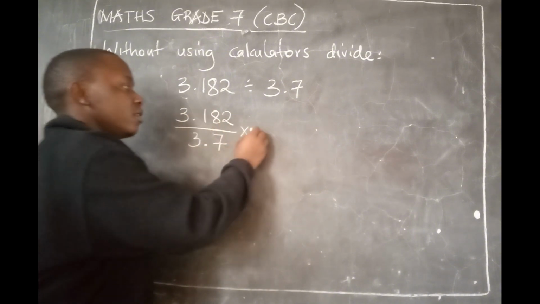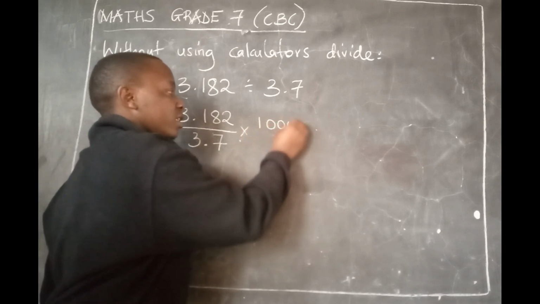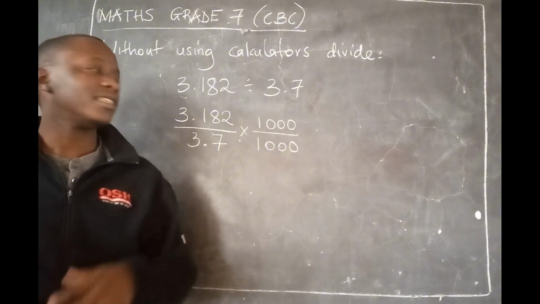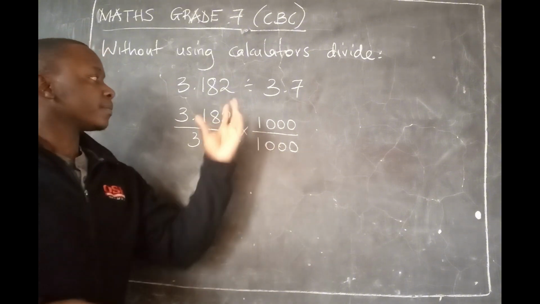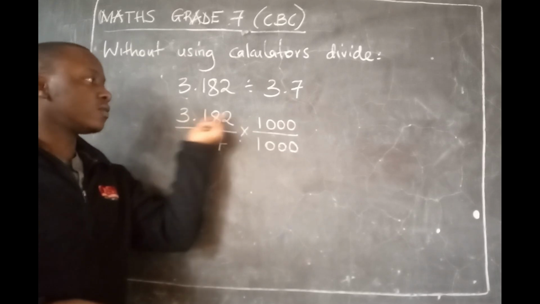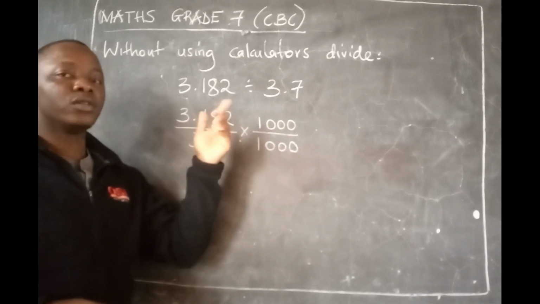When you multiply this with this, or this with this, these decimals will go away.